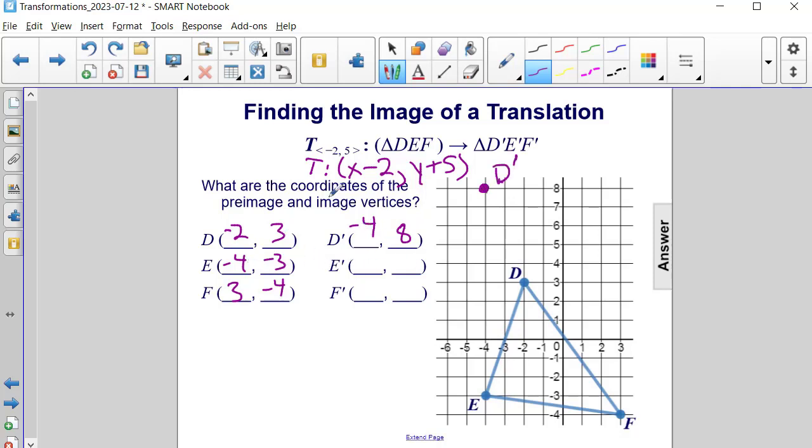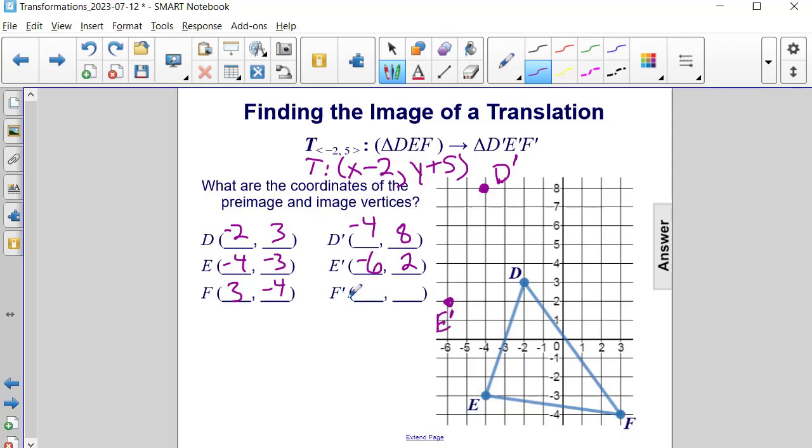Point E prime, if we go and put -4 into our translation function, we would have -4 minus 2, which is -6, and -3 plus 5, which is +2. So our point E prime will be at -6, +2.